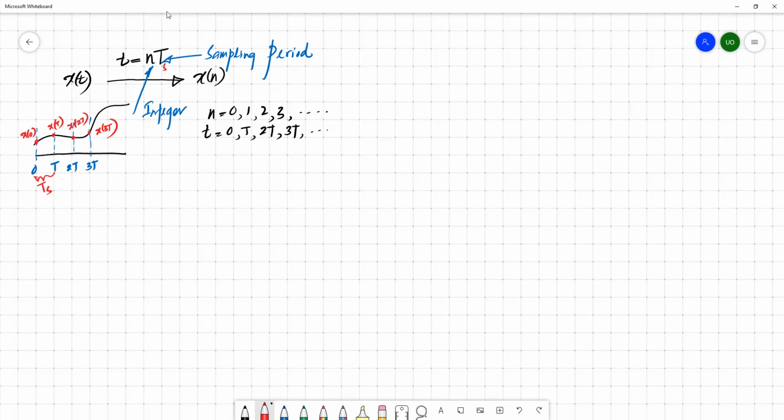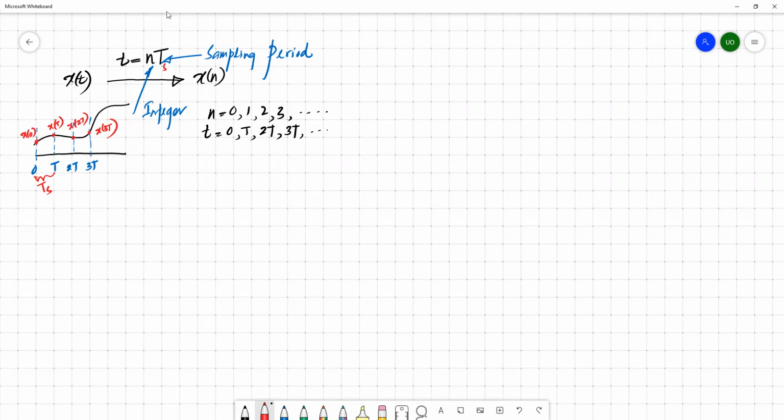So we pick the samples at every T seconds: initially at t equals 0, then at t equals T, then at 2T, 3T and so on, up to whatever range we define for t, maybe from 0 to infinity or minus infinity to plus infinity.